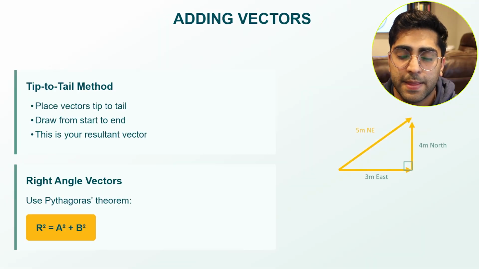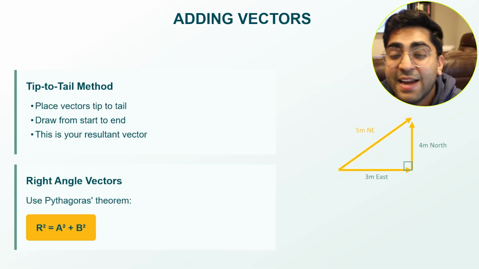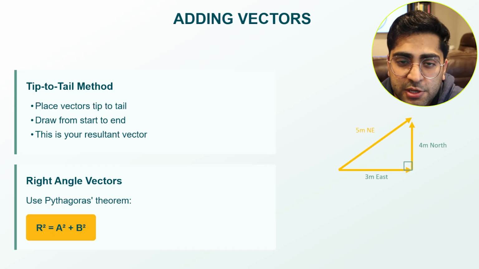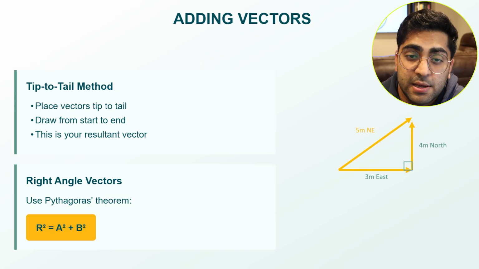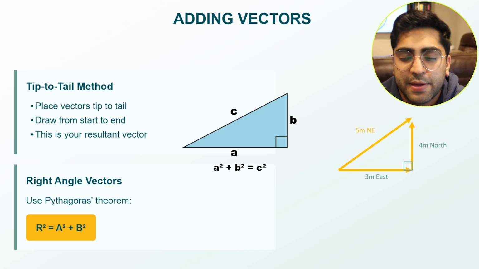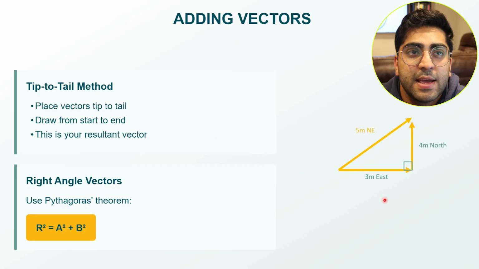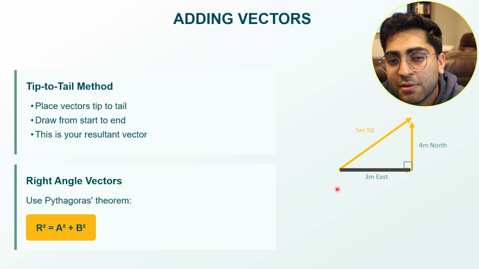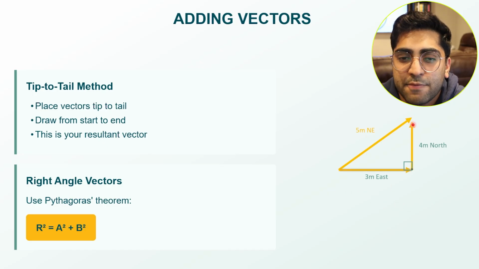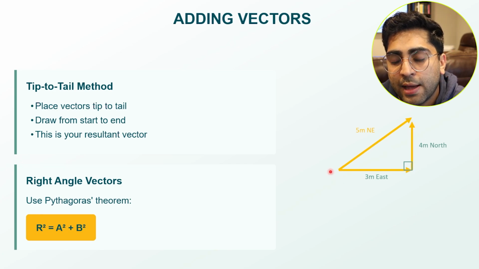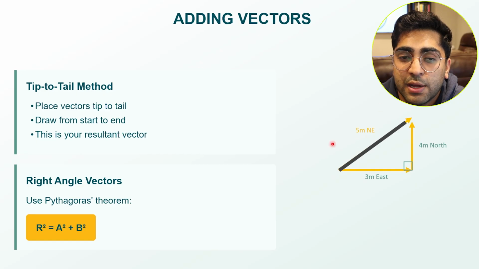Okay, now adding vectors. As I briefly mentioned earlier, if you want to add vectors together, you can use Pythagoras' theorem from maths. In this case, you're walking 3 kilometers east and then 4 kilometers north. If you start at the bottom left of this triangle, the final vector you've traveled would be 5.